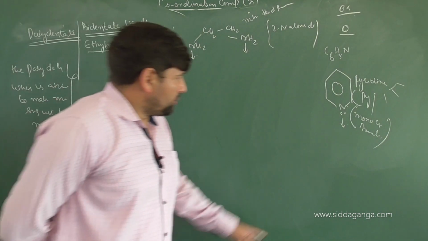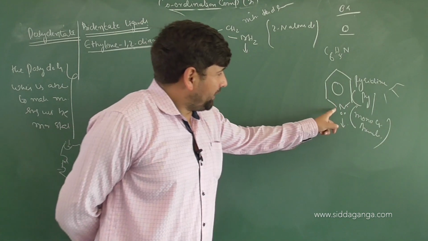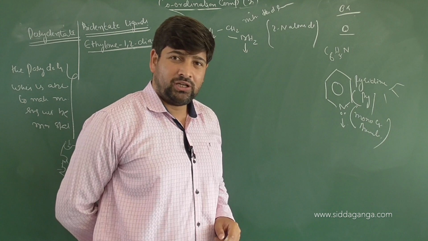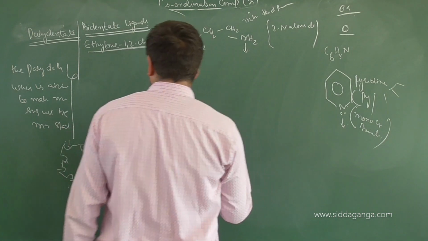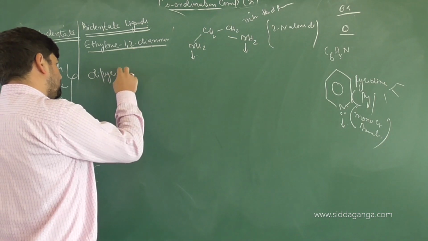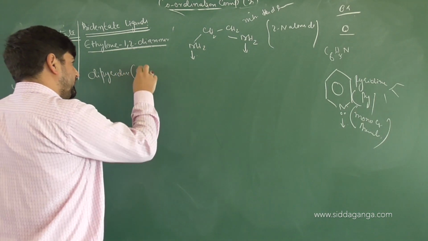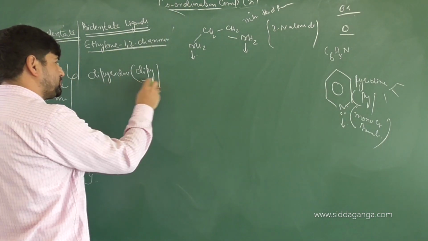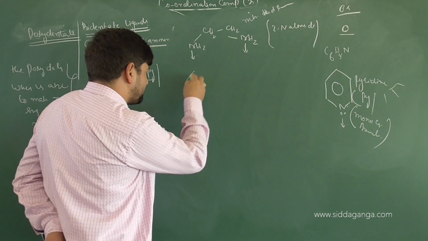Now we have a dimer of this pyridine, which is called dipyridine. In short terms, in coordination compounds, we call that dip. What's the structure?